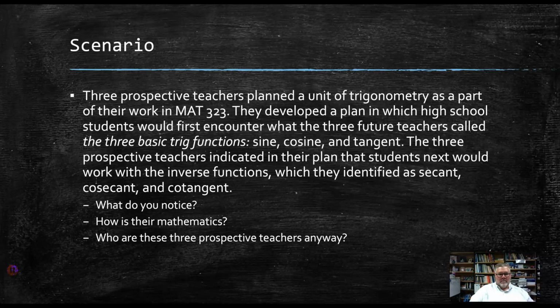So you'll need to think about that for a little bit. Is sine a function? Does it have an inverse? If so, is it cosecant? And do that for all 3 basic trig functions. I want you to think about this mathematically. And if you have any idea who these jokers are, let me know so I can talk to them. Okay, so you're going to write that under slide 3 that says scenario.